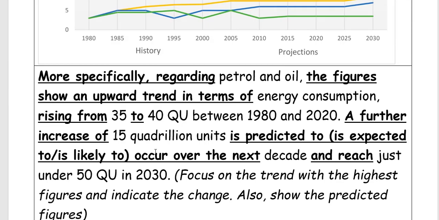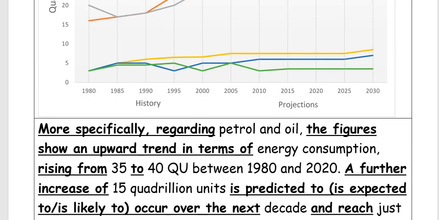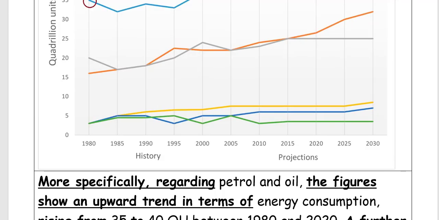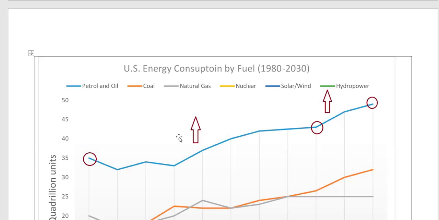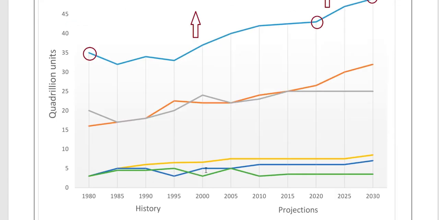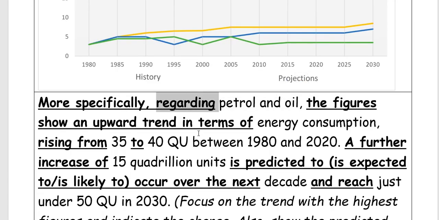Okay, in this paragraph, we need to be very specific with our data. So more specifically, regarding petrol and oil. Okay, so we have petrol and oil, and the phrase regarding means speaking of. Now let's focus on it.